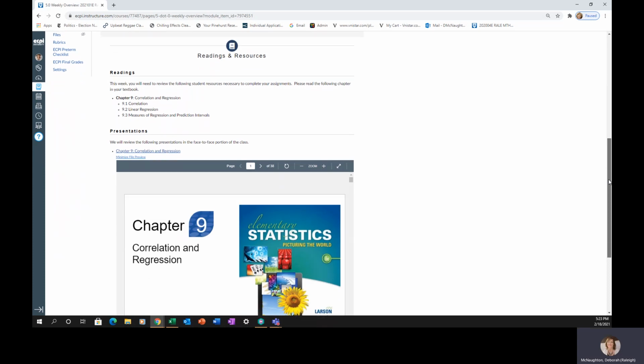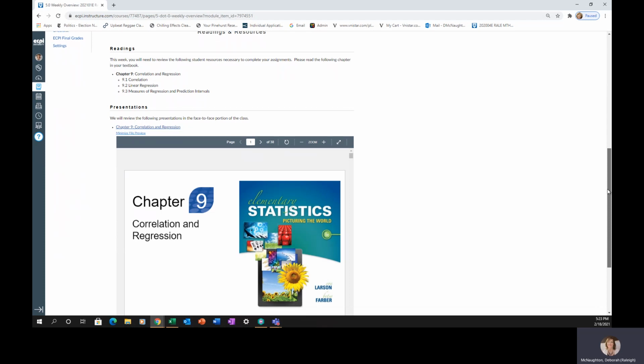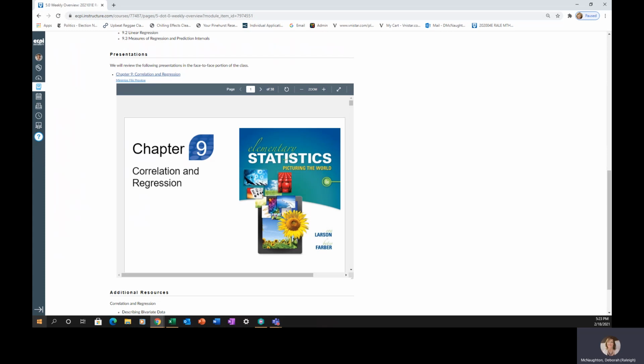And then the other thing that happens this week, in addition to chapter 9, which is your Unit 5 homework, we will also have the Unit 5 final exam. I'm sorry, not the Unit 5. The course final exam also takes place this week, and the final exam covers everything that you've learned in the course.